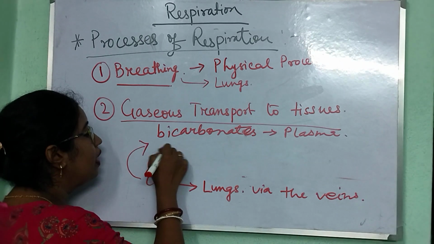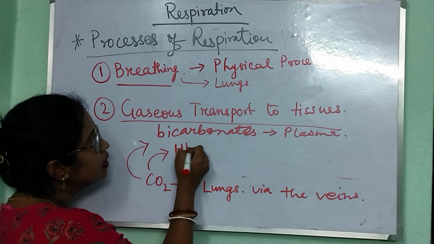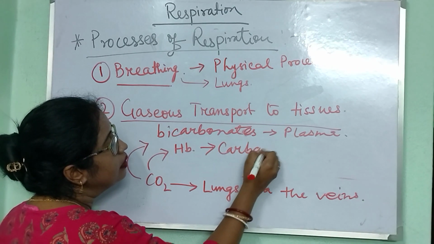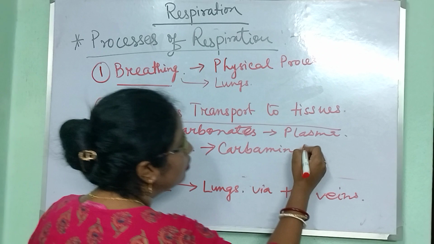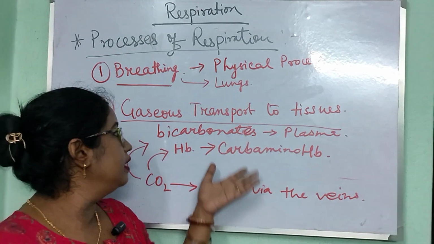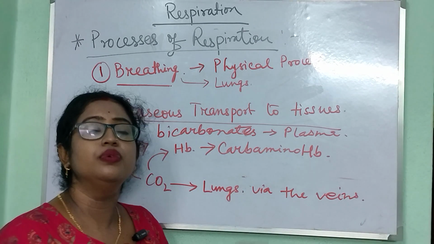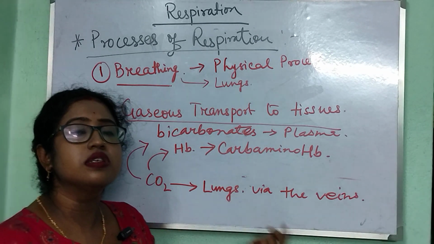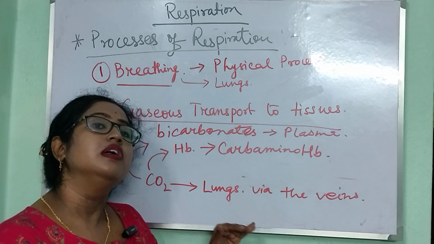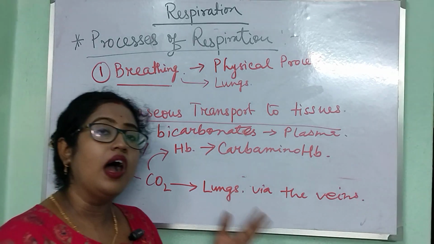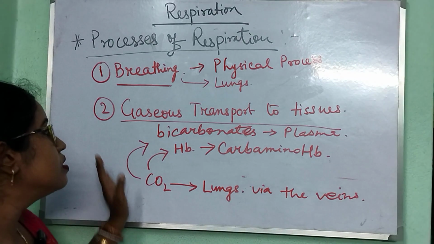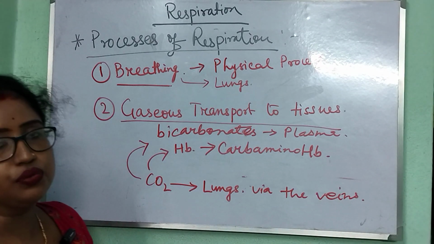Another way is carbon dioxide combines with part of hemoglobin and forms carbaminohemoglobin. The bicarbonates or this hemoglobin are transported to the lungs and diffuse into the alveoli, the unit of the lung, and via the respiratory tract it goes out into the atmosphere. So this is the second process, the gaseous transport to tissues.